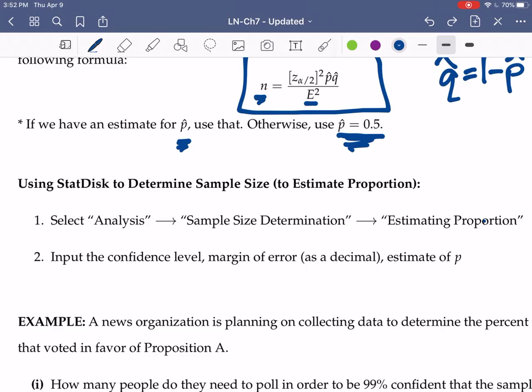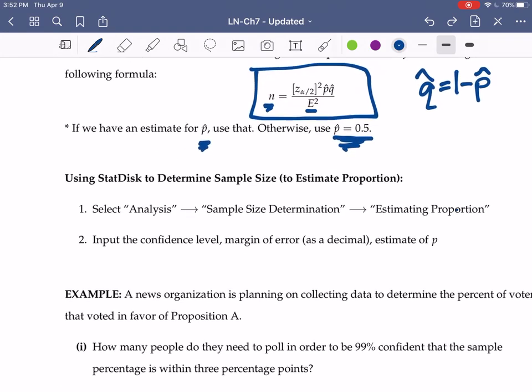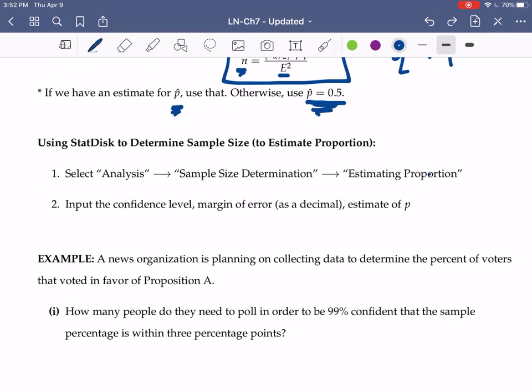All right, so we can do this in StatDisk. How do we use StatDisk to do this? In StatDisk, we select Analysis, Sample Size Determination, and then Estimating a Proportion. We're trying to determine a sample size, so we choose that.